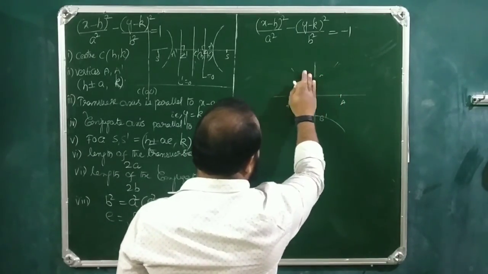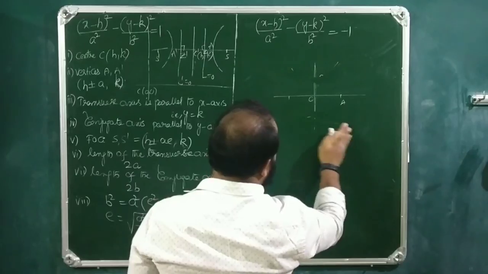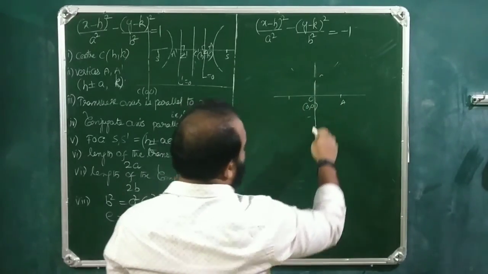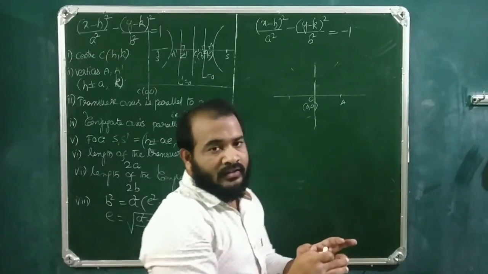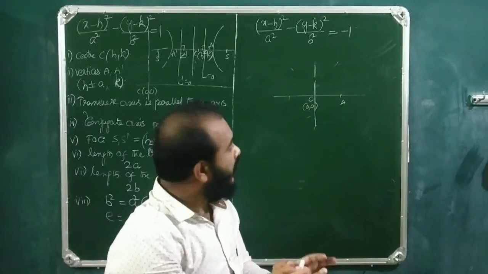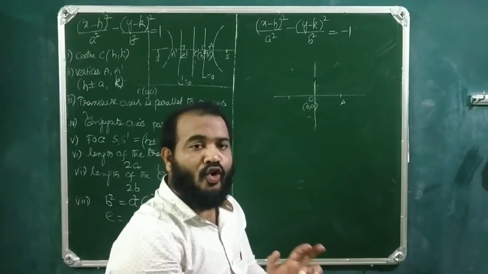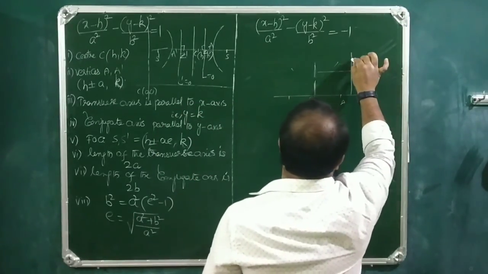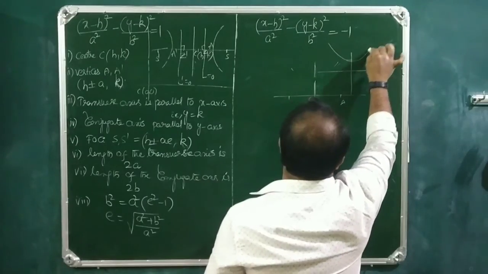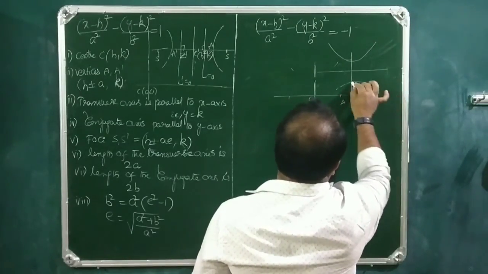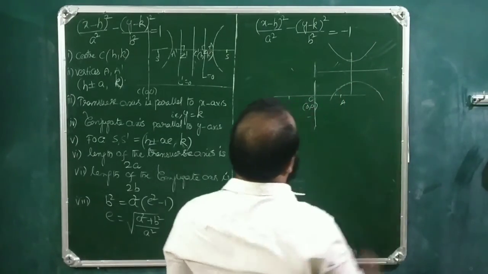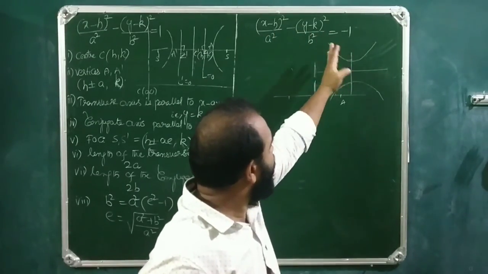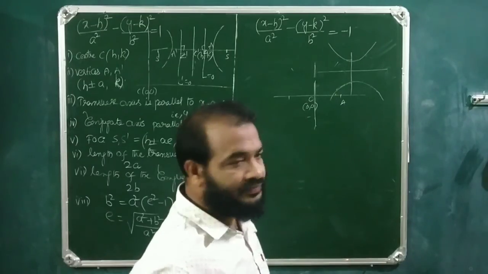That means the hyperbola is shifted, this is the origin, and this hyperbola is shifted without actually changing the direction of the coordinate axis. So it is shifted like this. Now this is our hyperbola, x minus h whole square by A square minus y minus k whole square by B square equals 1.